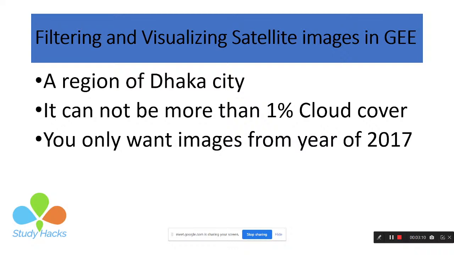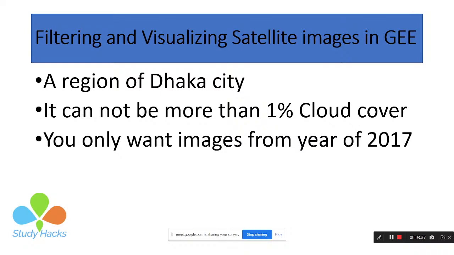You can easily filter according to the different time periods. So when you filter any satellite image, whether Landsat, Sentinel, or MODIS, we always consider three factors. The first factor is our region of interest. The second factor is filtering the image metadata. The third factor is the specific time period.